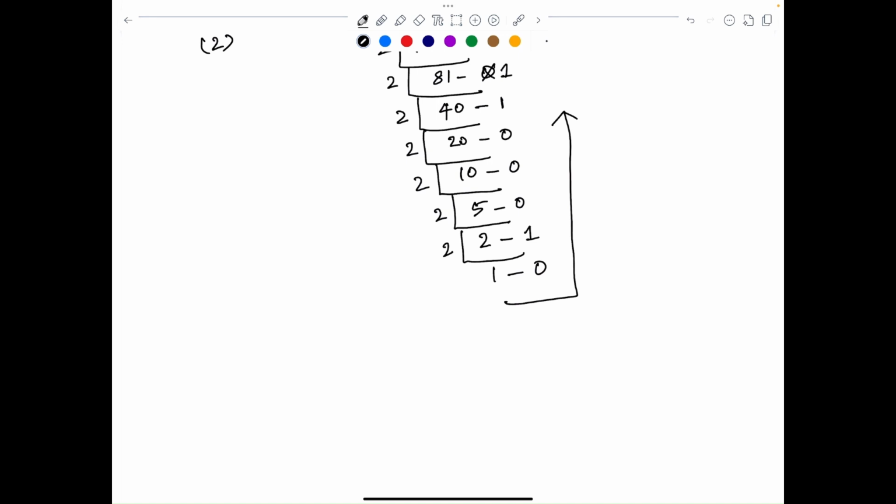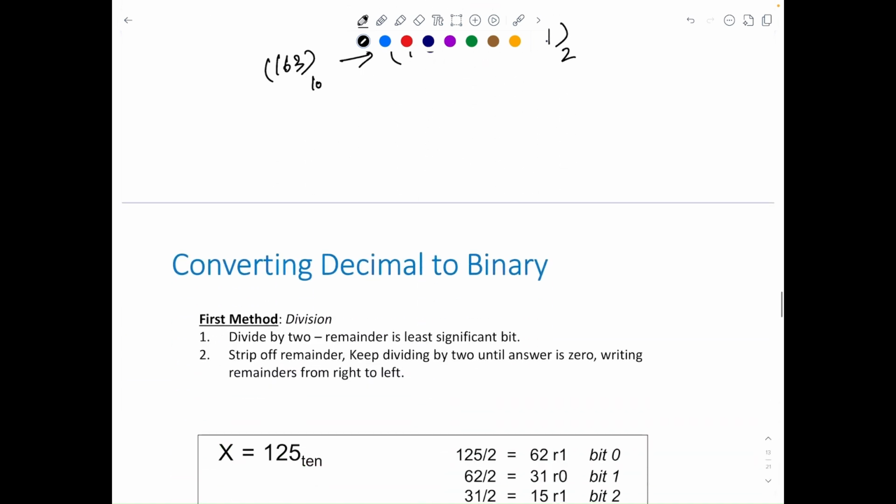That's how we write it: 10100011. It's the same result. This is the equivalent of 163 base 10. Is that clear? So this is the conversion of a decimal to a binary number.